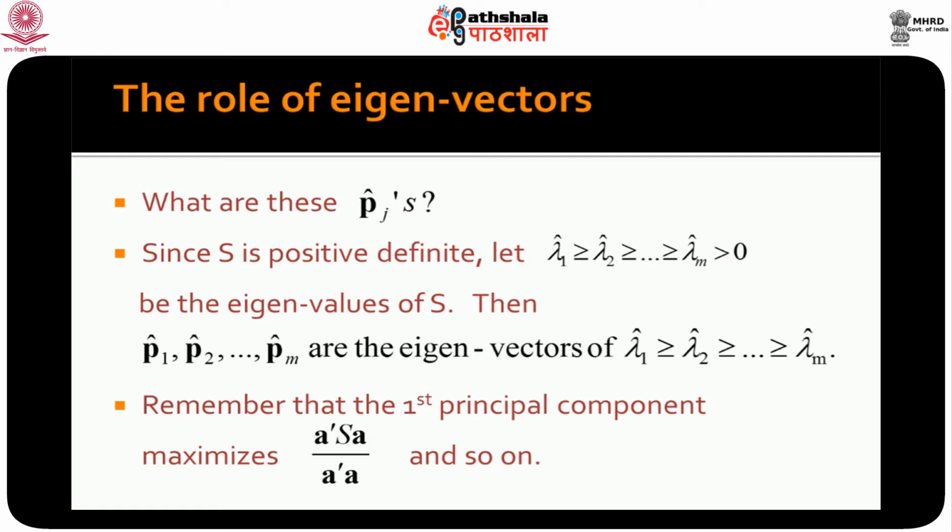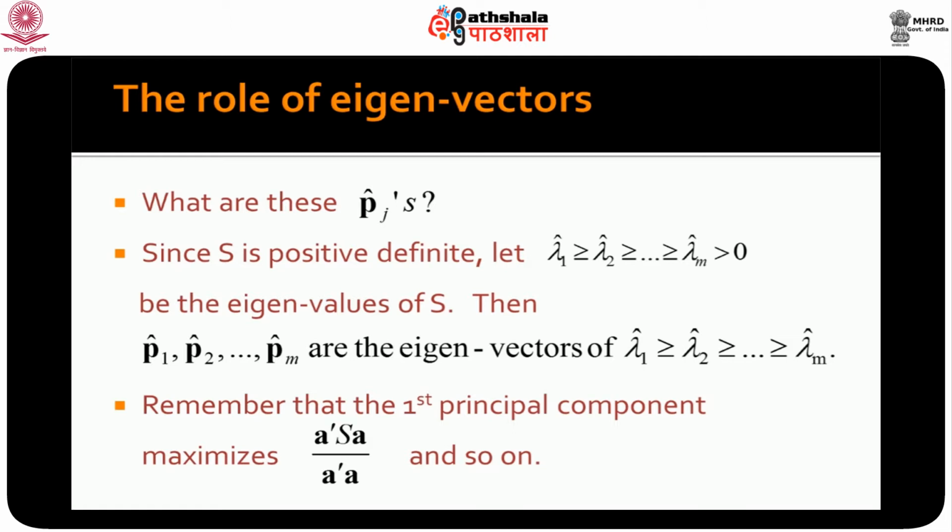Now, we can do this for each individual. So, we can write this as y_i equal to a prime x_i. In this case, x_i stands for the ith individual with k characteristics, and if we compute the mean, then we have the sample mean for y as y bar, which is equal to a prime x bar.